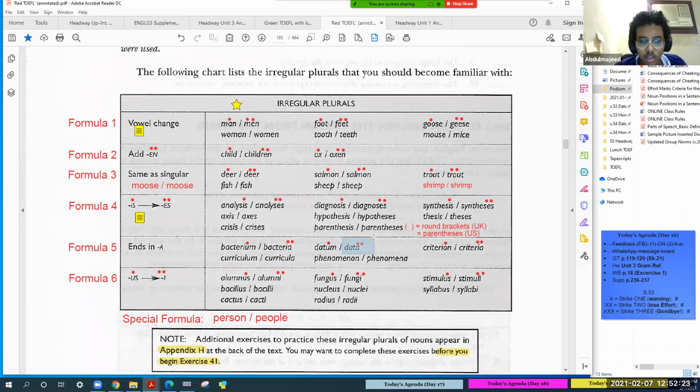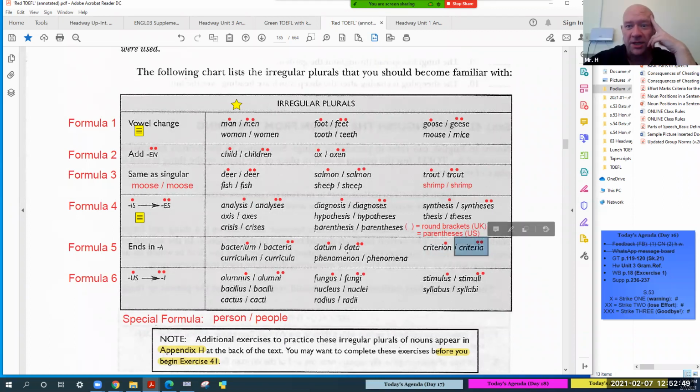Datum, data. Some people say data differently, some say data. And then phenomenon, phenomena. Yeah. And then Mohana. Criterion, criteria. Good.